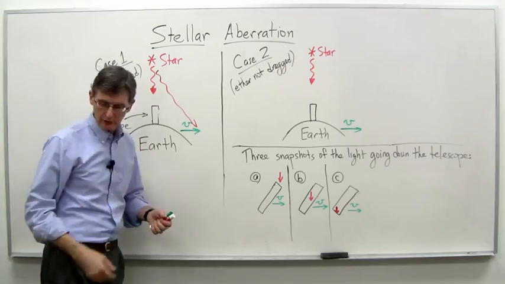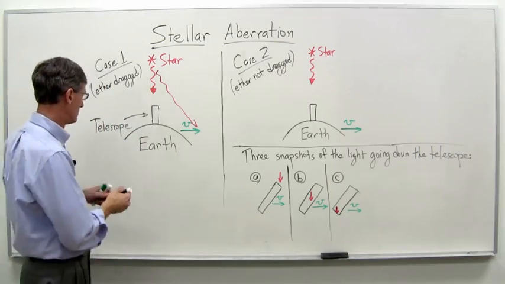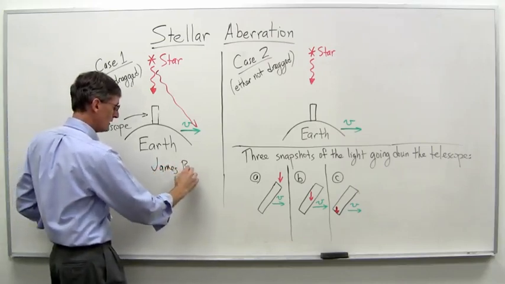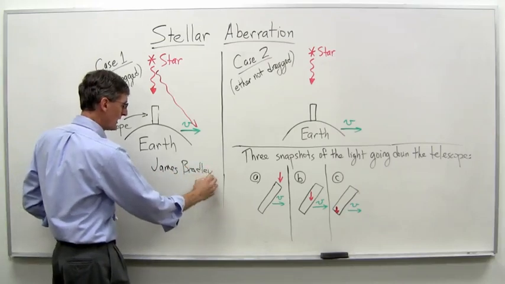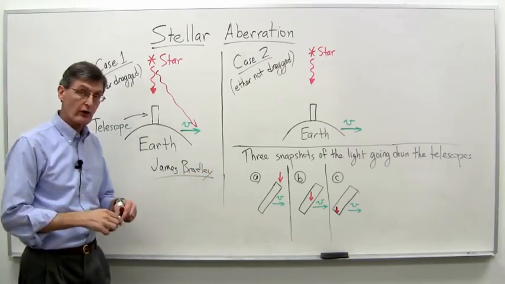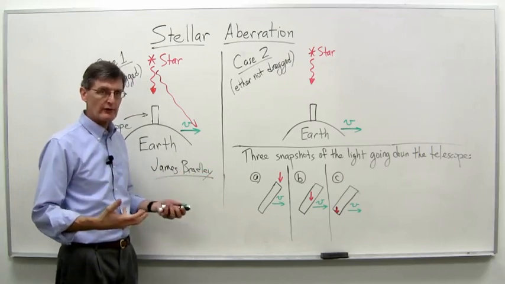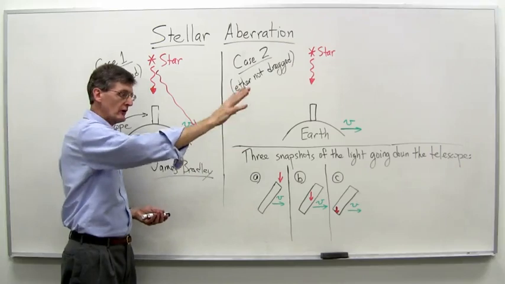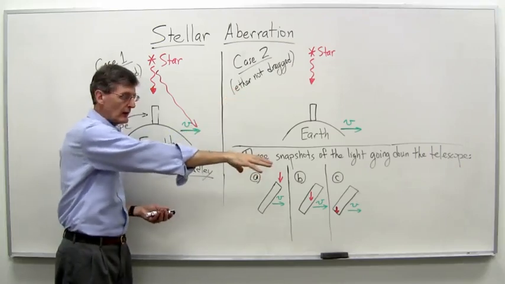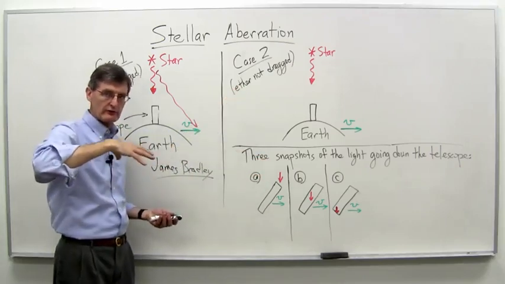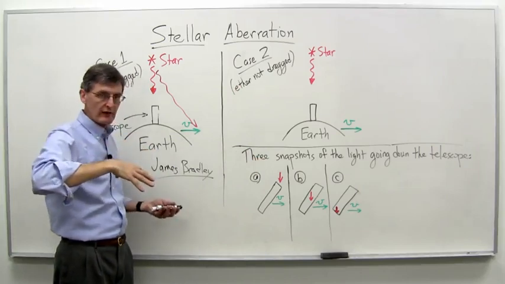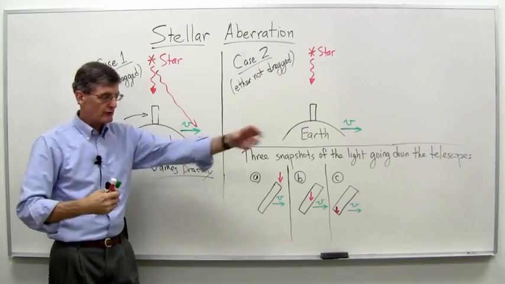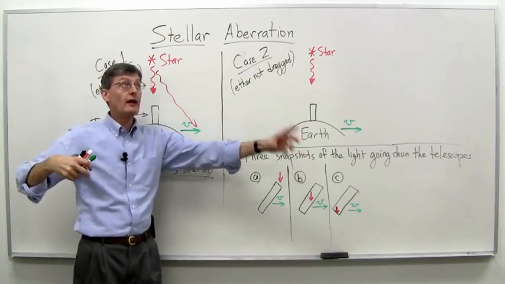Well, what a person named James Bradley found out all the way back in the 1720s, an astronomer, and what he actually was trying to do was determine the distance to stars using an effect known as parallax, that if you take a measurement of a position of a star, say in June, and then wait till the Earth has gone 6 months around the sun to December, say, and take a picture of the same star, it should shift slightly because first you're over here, and then you're over here, and the star's up there.